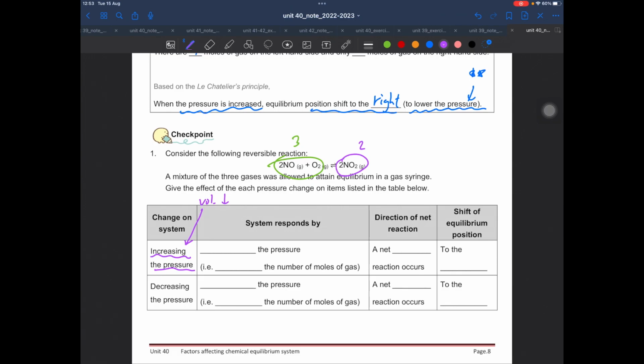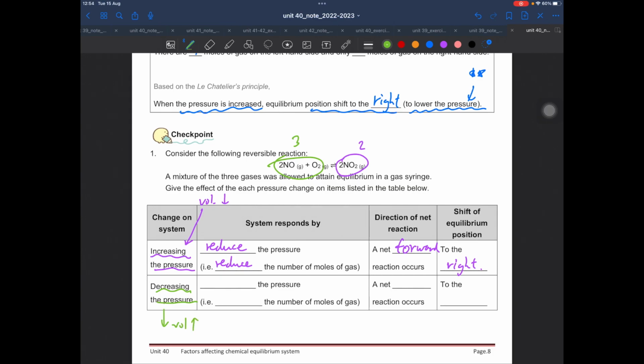Your home becomes smaller, then less furniture will be better, right? So the system will respond by reducing the pressure, that is, reducing the number of moles of gas. Net forward and to the right.